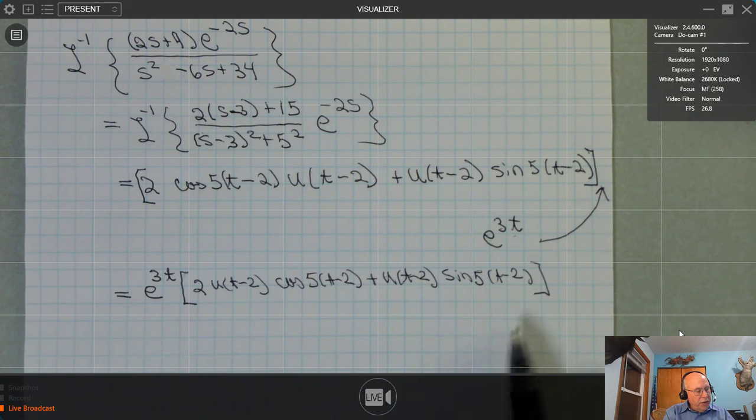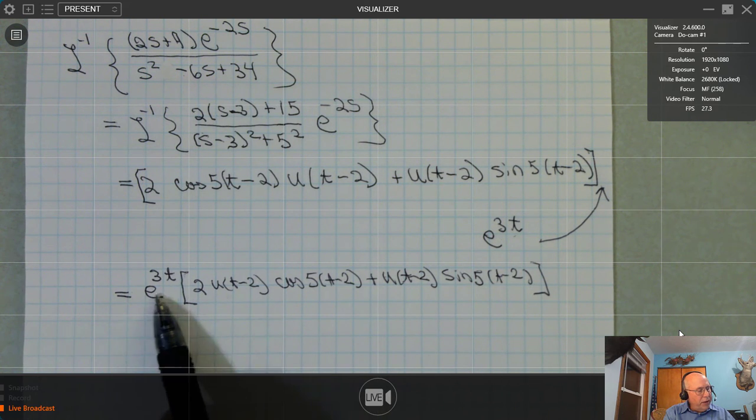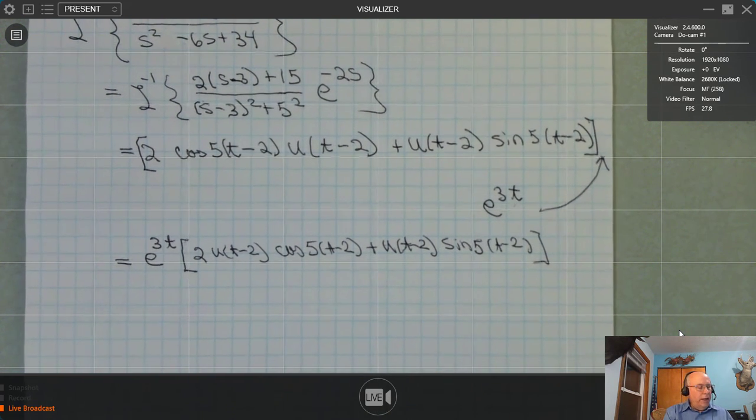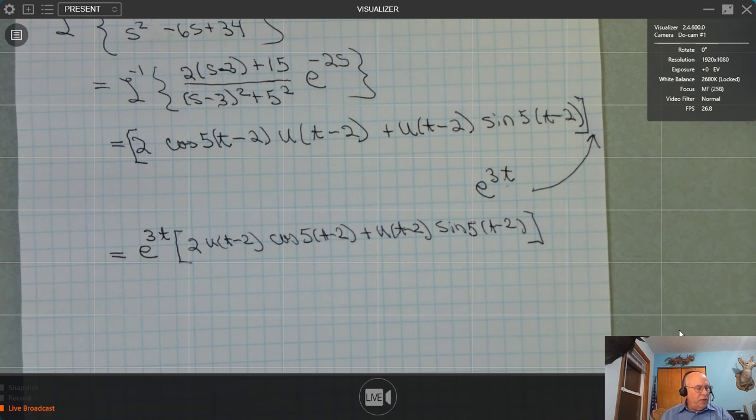And I suppose you could factor the u of t minus 2 out in front here as well. But there it is. There's the inverse transform.